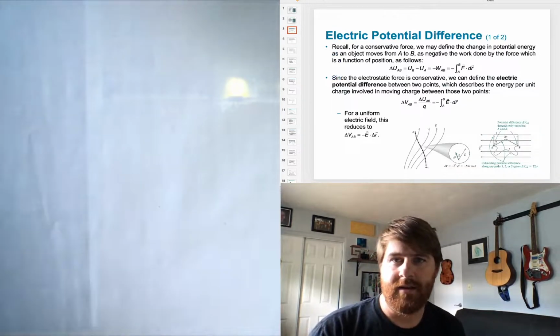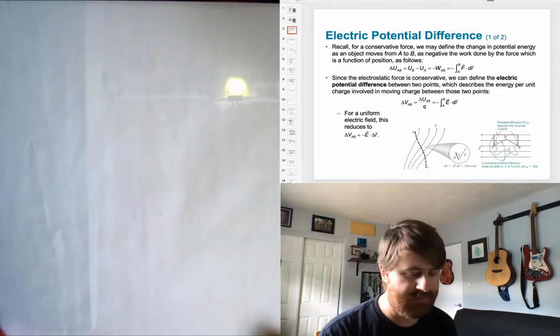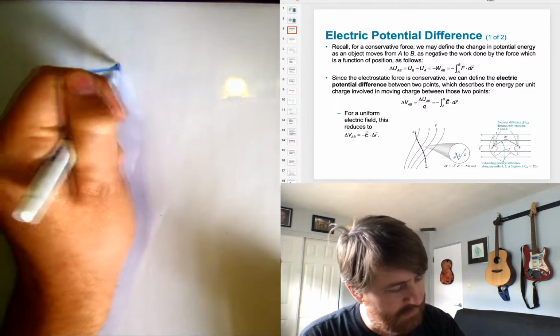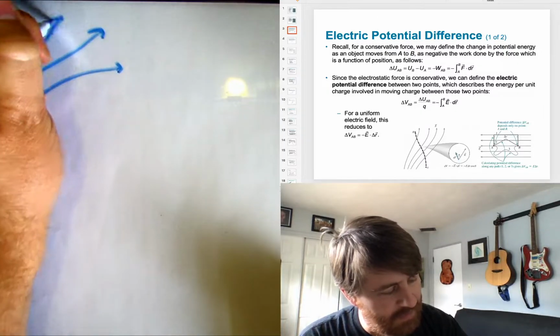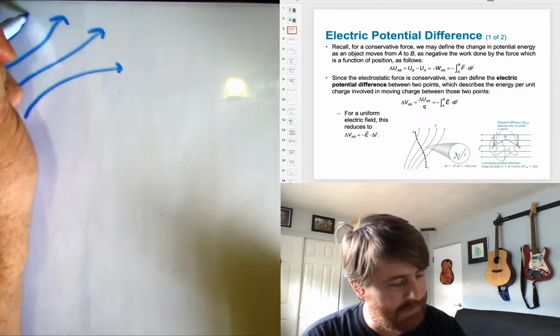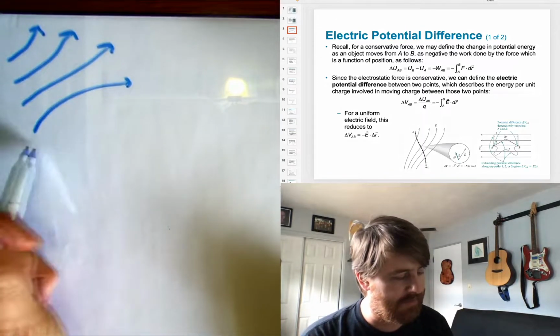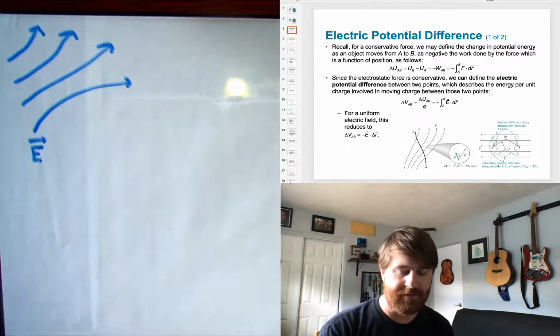All right, so what is electric potential difference? Let's start by drawing an electric field. So I've got some charge distribution somewhere that I'm not going to depict, and that charge distribution has created an electric field, E, in the surrounding space.